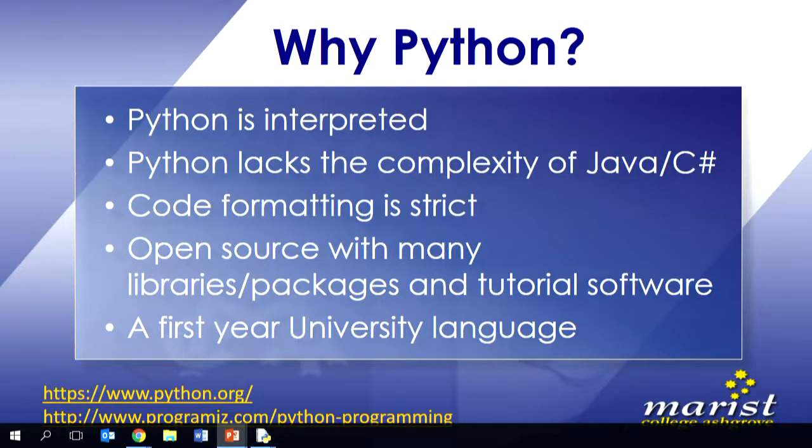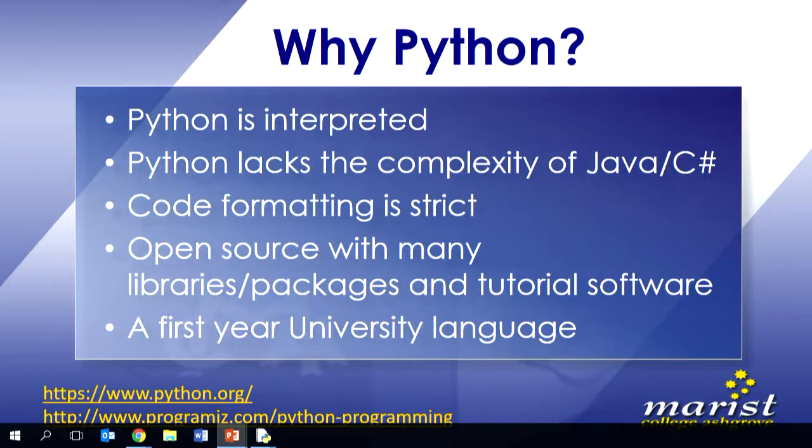So I had to choose a programming language, and I settled on Python for the following reasons. One, the school is a bring your own device school, so I wanted a programming language that would work on different devices, and Python's interpreted, so for me it seemed like a good fit. It lacks the complexity of Java and C#, so students can worry about programming rather than having to worry about keywords and method declarations.